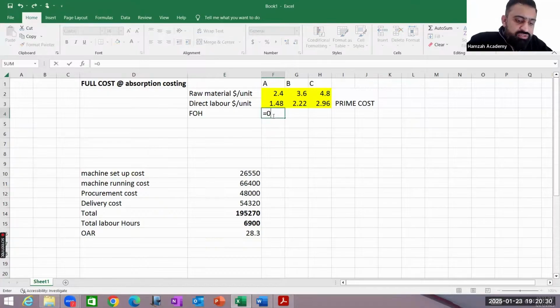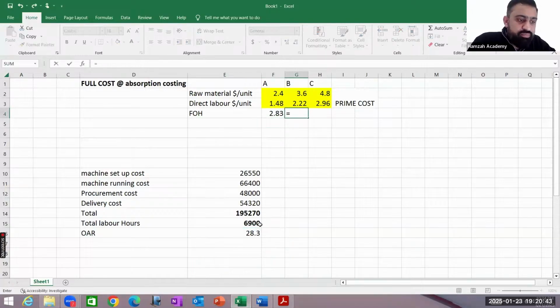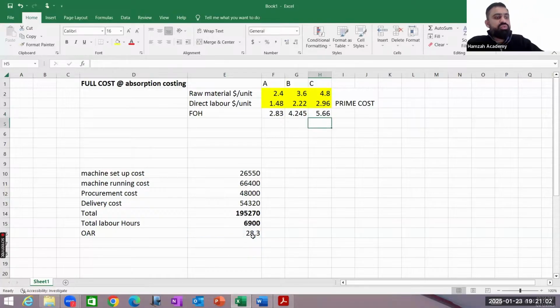So the unit A is using 0.1 labor hour, and the overhead absorption rate is 28.3 per hour. So 2.83 will be allocated to A. The product B is using 0.15 hour, and the product C is using 0.2 hour. So that would be the allocation of factory overhead using absorption cost.